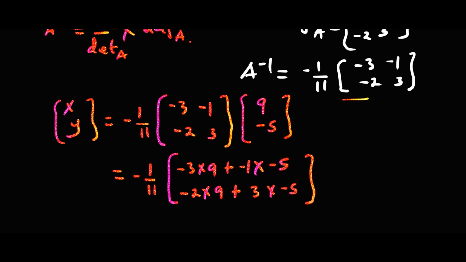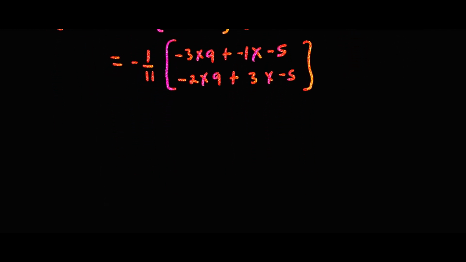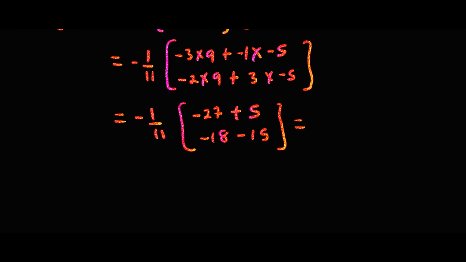So let us simplify this. We have minus 1 over 11 into negative 3 times 9 is negative 27 plus negative 1 times negative 5, that is plus 5. Then here we have negative 2 times 9, that is negative 18, plus 3 times negative 5, that is minus 15. So let us simplify this.